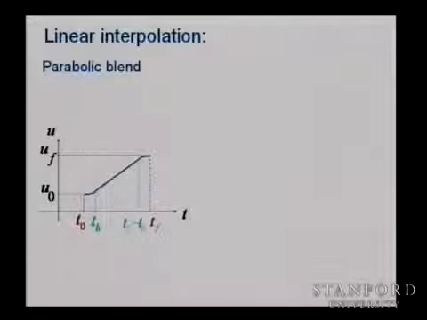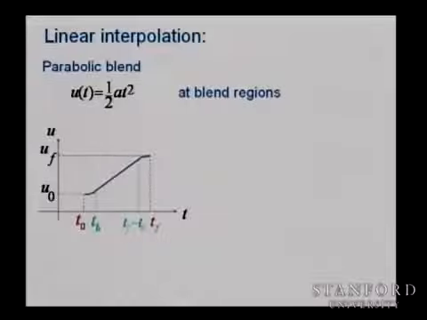We'll be assuming that the length of each of the blends is the same for simplicity. Why make our life more difficult? So in this case, the equation for the parabolic blend itself is u sub t equals 1/2 a t squared.